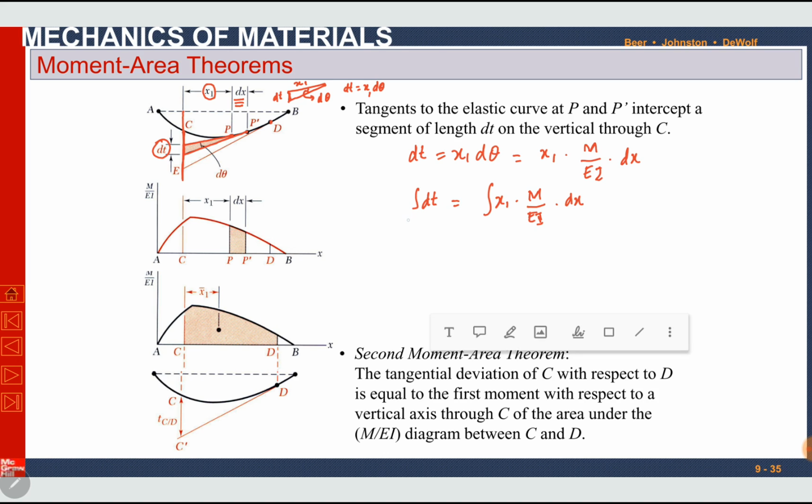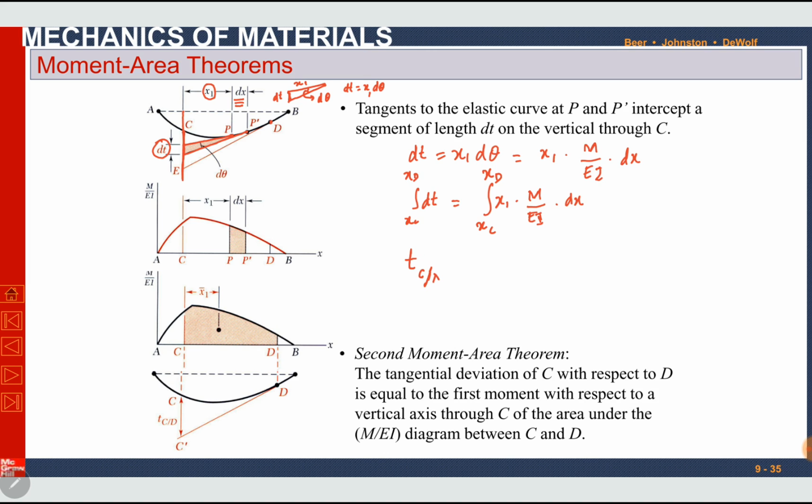From xC to xD, we can apply this expression for any two points between C and D. So I'm applying it from point C to point D. This will be TCD.